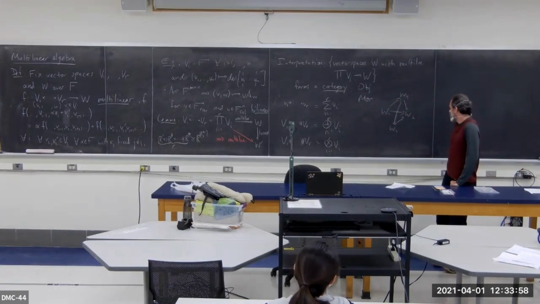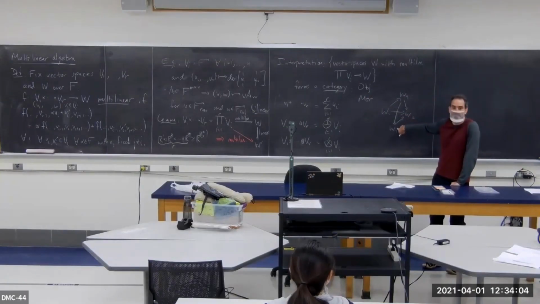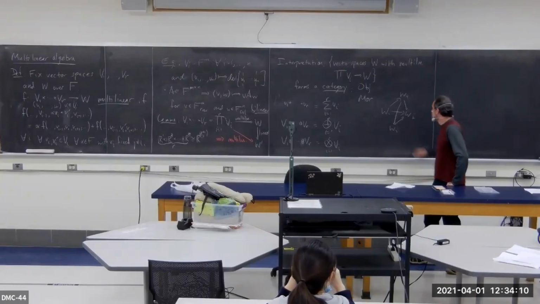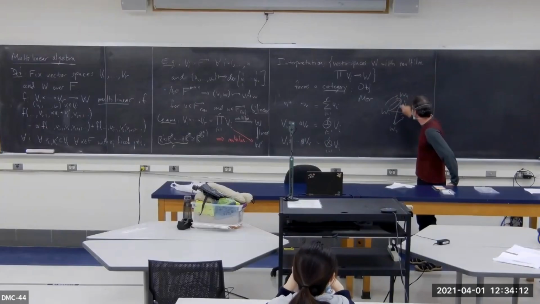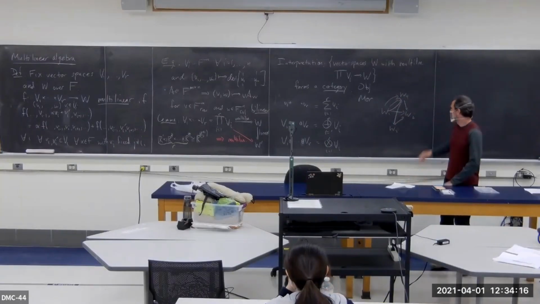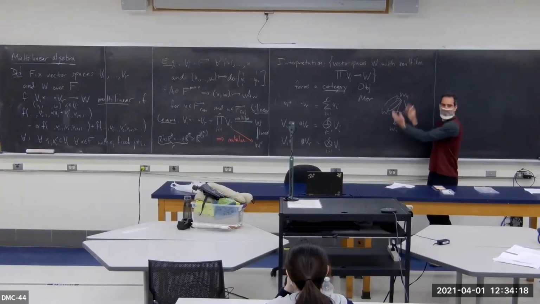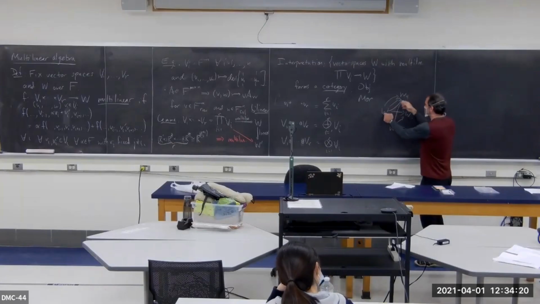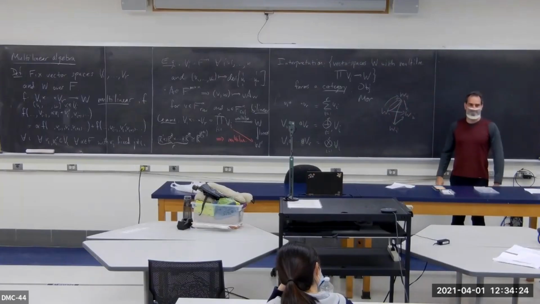You can't just specify that if I have a map from the product to this W2, then it gives me a map to, say, W3, because I don't have a given map from W2 to W3. And it gets worse, because there could be more than one map from W1 to W4. This is what your category of vector spaces could look like. Here's a couple of objects, and there may be 3 morphisms from W1 to W4, or something like that.